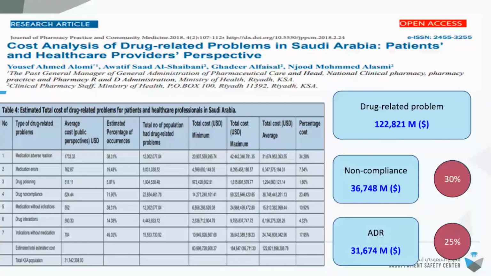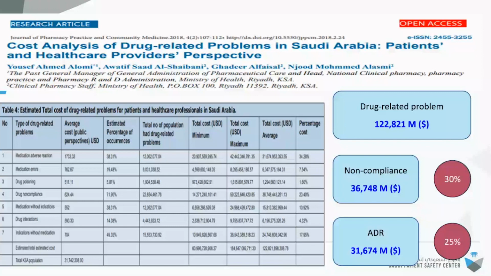In a local study in Saudi, including healthcare professionals, we calculated and estimated the drug-related problem in Saudi, which on average reaches almost $122 billion annually.